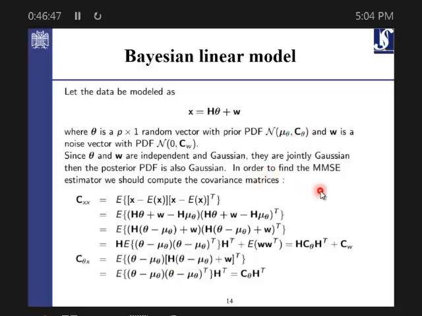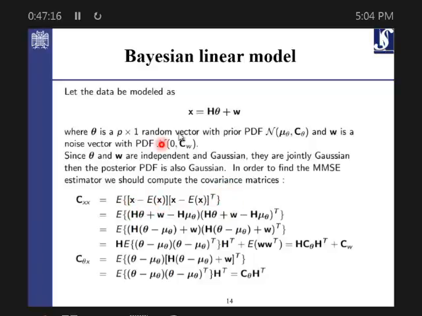In order to solve the problem and get the unknown values, we need to calculate the covariance of the output, and the cross covariance between the unknowns and the observation together. So getting the covariance of x, you come up with this. The definition is the expectation over x minus its mean times the transpose of that.